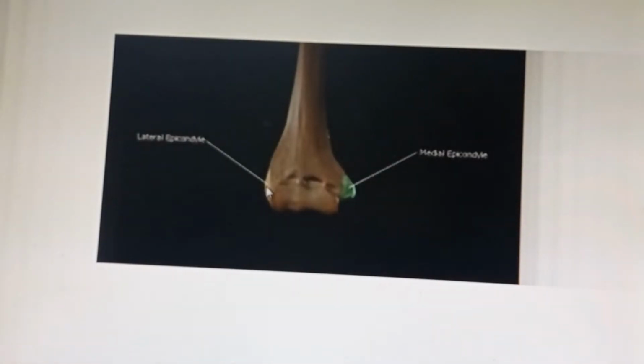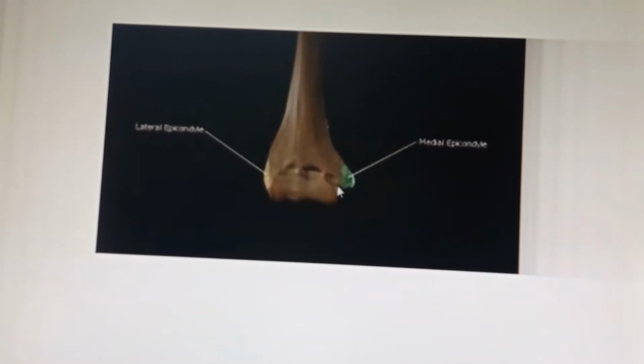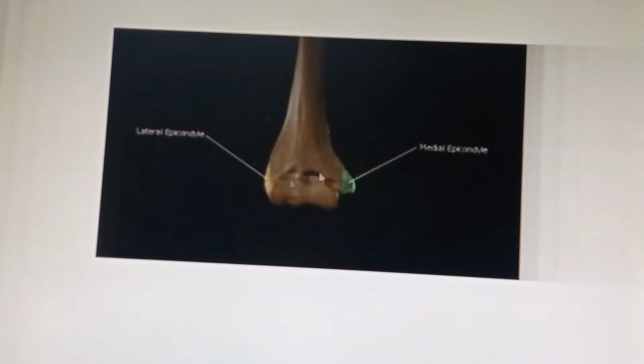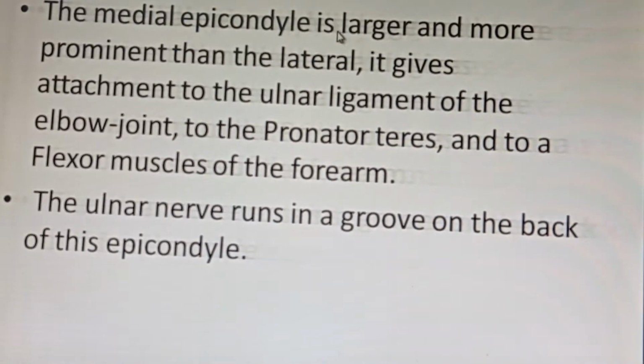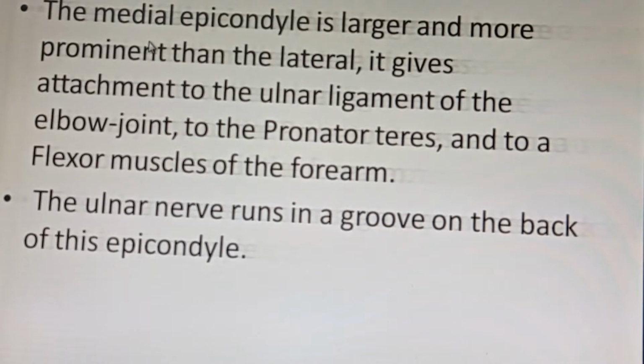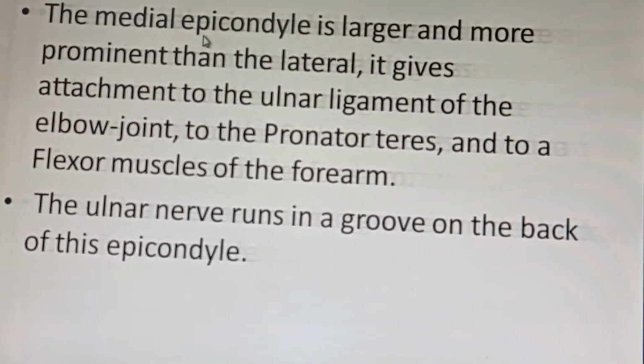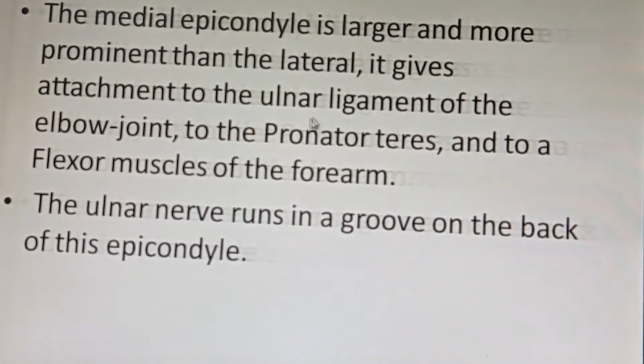The medial epicondyle is a larger, more prominent projection than the lateral epicondyle. It gives attachment to the ulnar ligaments. Lateral epicondyle gives attachment to radial ligaments, while medial epicondyle gives attachment to ulnar ligament.